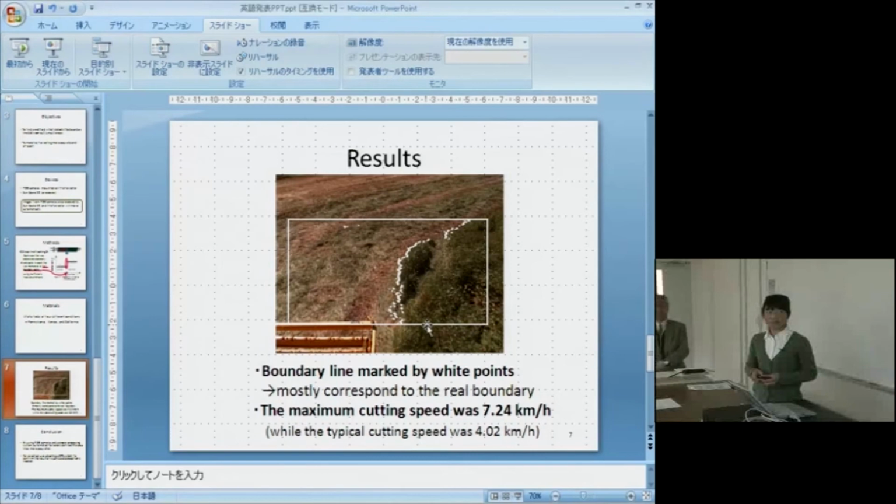So the harvester will move along this line.